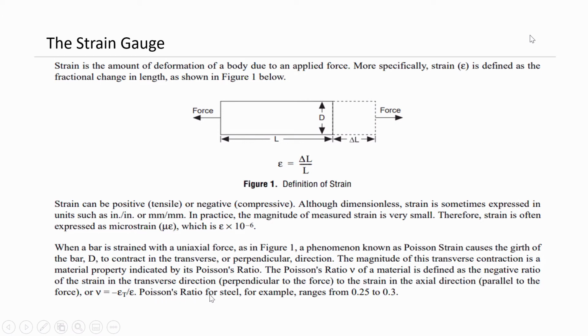Poisson's ratio for steel ranges from 0.25 to 0.3. Because both are the same units, there is no need to give any units for Poisson's ratio. So these are the details of the strain, students. Go through this slide, then we can see the details of the strain gauge.